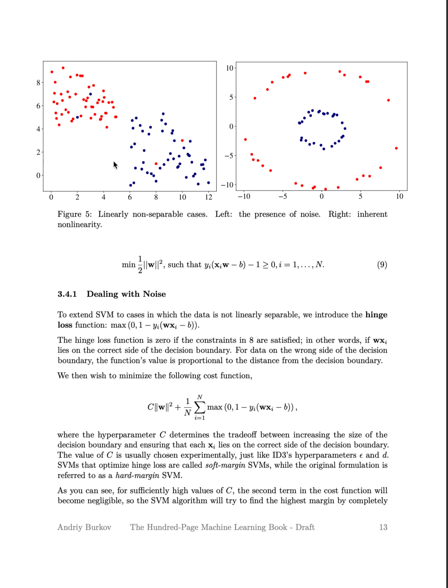SVMs that optimize hinge loss are called soft margin SVMs, while the original formulation is referred to as hard margin SVM. Nowadays mostly soft margin SVMs are used.